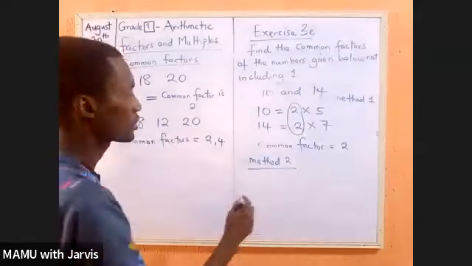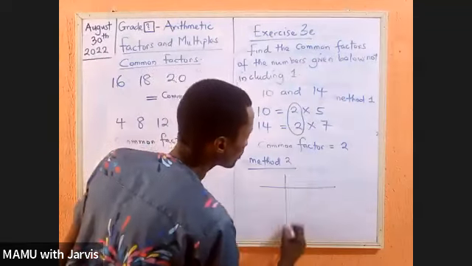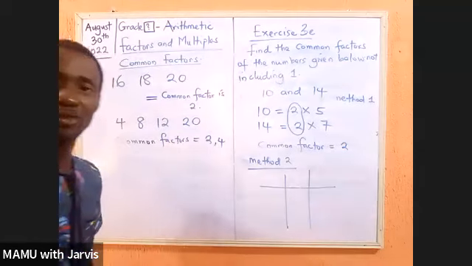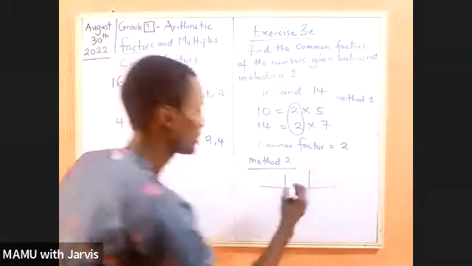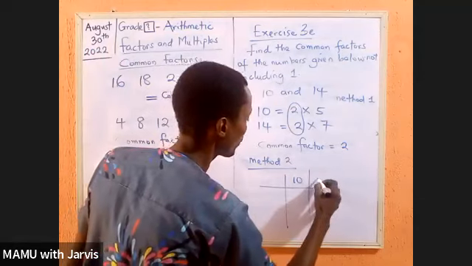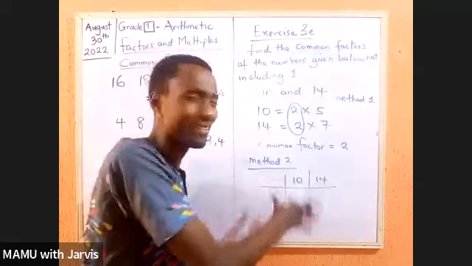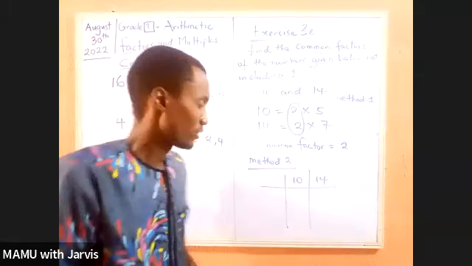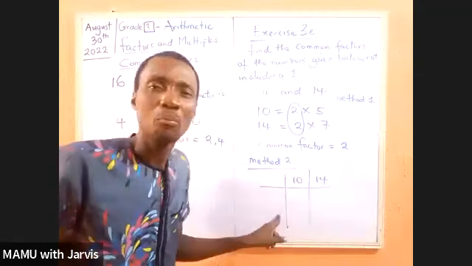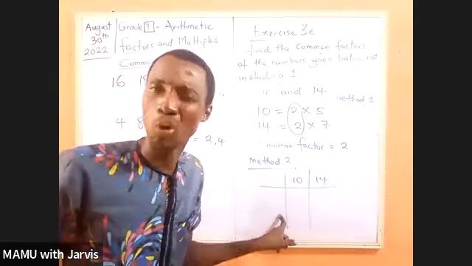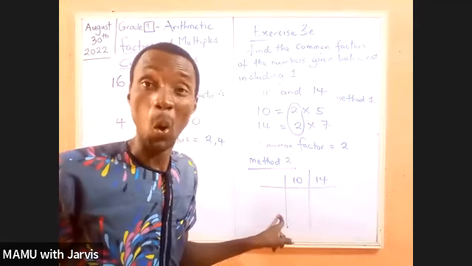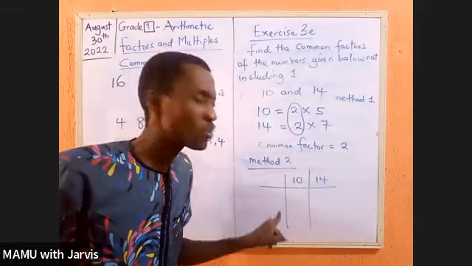Now method 2, it will mean I'll use my concept of factor expansion method previously. So this will be what, 10, this will be what, 14. What is the rule for using this arrangement? Number 1, the numbers that must divide must be prime numbers. Or the numbers you must use here must be what?